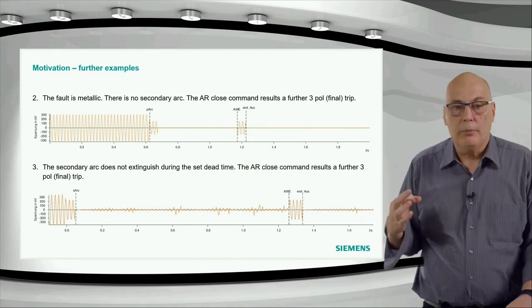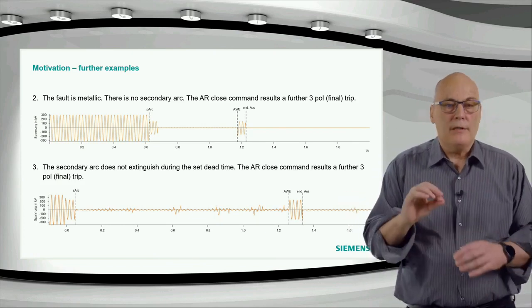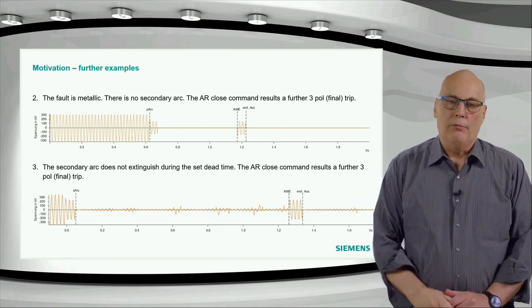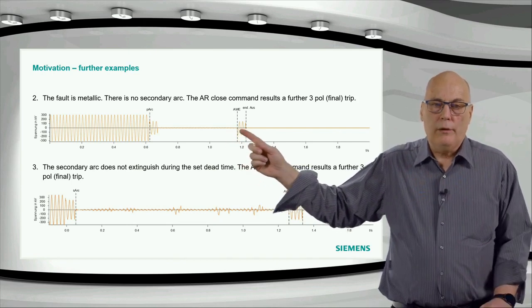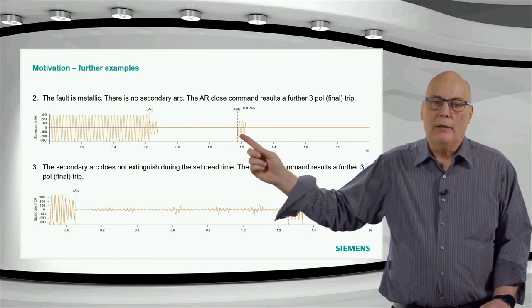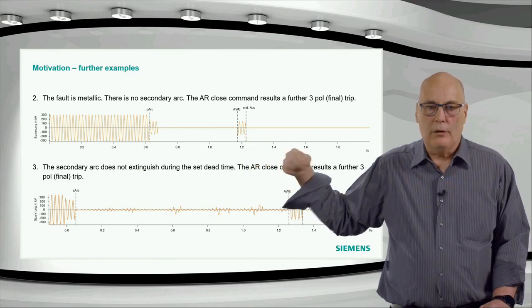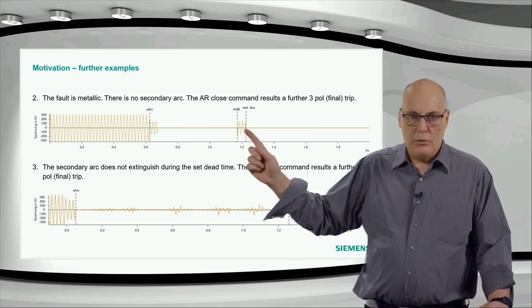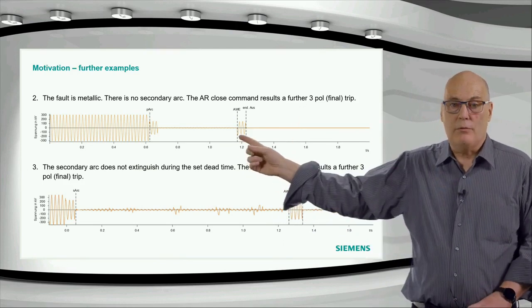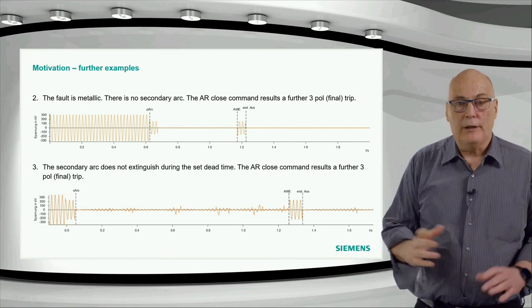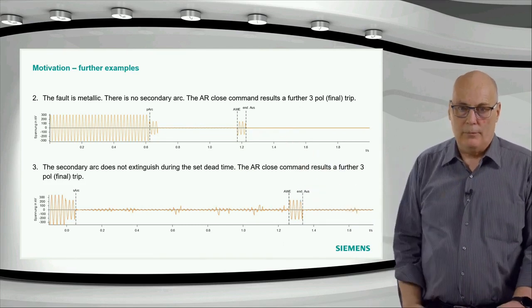It's a single pole trip, and the voltage will not be 0 unless it's clamped down via a permanent fault. The auto recloser does not know this and will reclose here unnecessarily and cause a switch on to fault, and you have to trip again. System stress, very bad for power system stability and so on. Unnecessary, this reclose here. Secondary arc detection can prevent that. We'll see that later on.